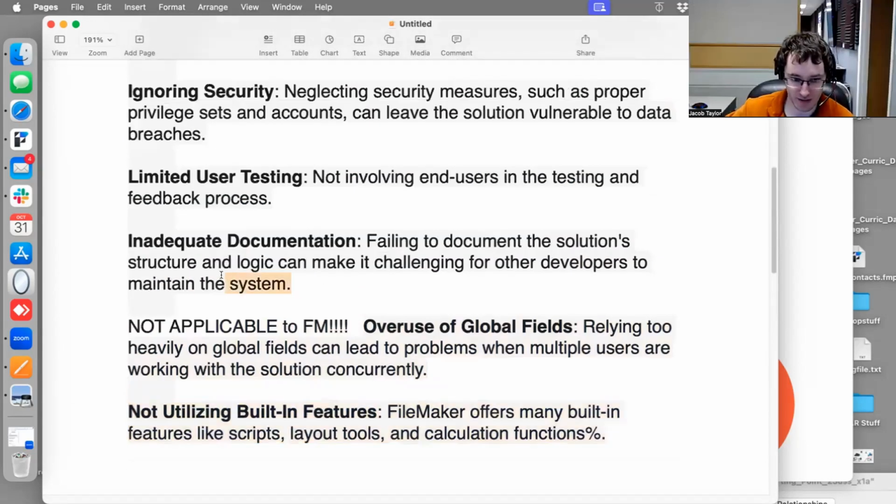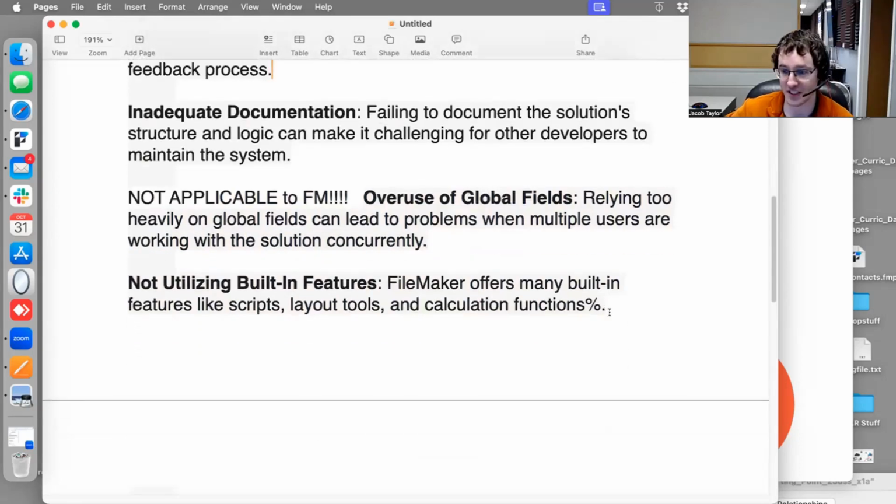I read this, the not utilizing built-in features, as basically addressing people who write... So there's a thing in other programming languages, they'll have a standard library. It's kind of what it sounds like. Whatever programming language you're in comes with a built-in set of tools. You want to make a web request, there's a thing in there for that, or like an array, right?